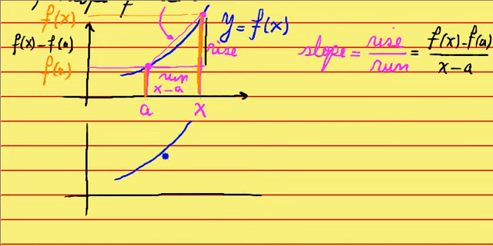And here's my point A. What I need to do is bring the second variable point, which I called x, close to the first point. In that situation, the secant line turns into a tangent line, so we are going to have a tangent line. So this is our tangent line.